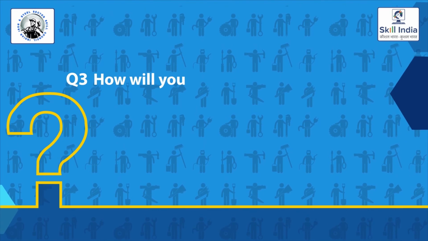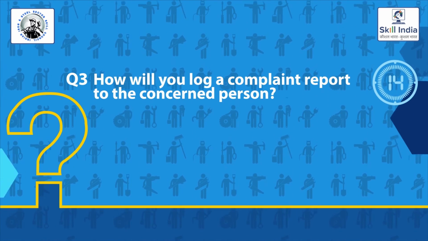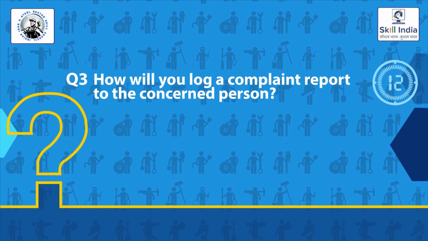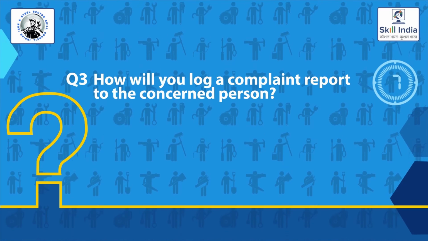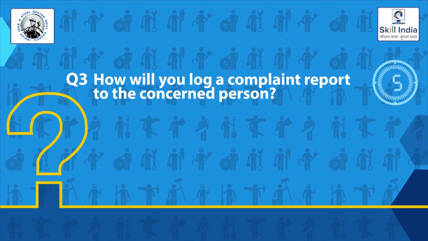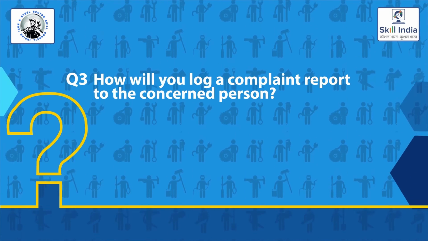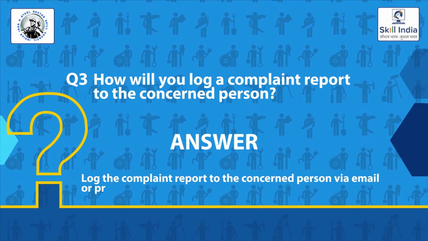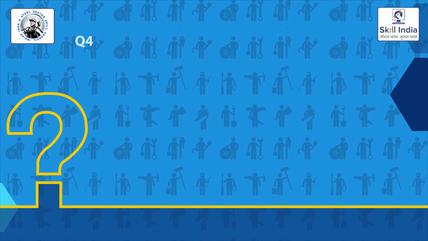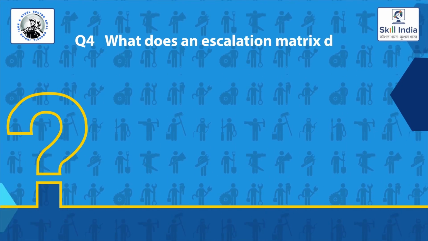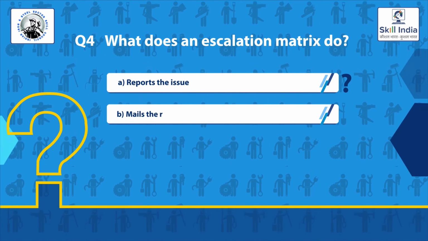Question 3. How will you log a complaint report to the concerned person? Answer. Log the complaint report to the concerned person via email or the procedure specified by the organization. Question 4. What does an escalation matrix do? Option A. Reports the issue. Option B. Mails the right person.